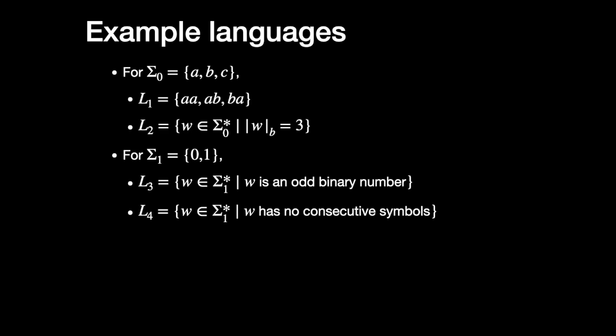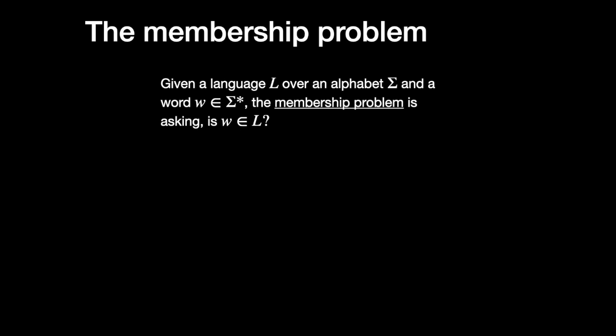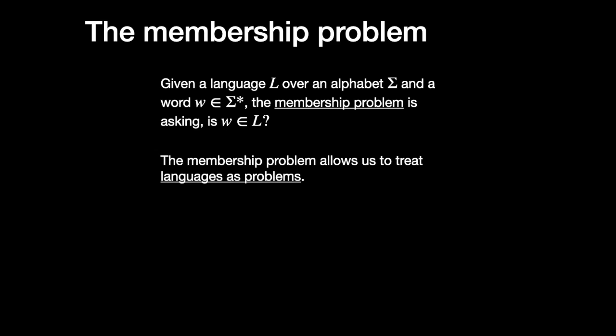We use languages to ask questions. The questions we ask are in the form of what is known as the membership problem. This problem is concerned with whether some arbitrary word over the alphabet is in a language or not. And this allows us to treat languages as problems.